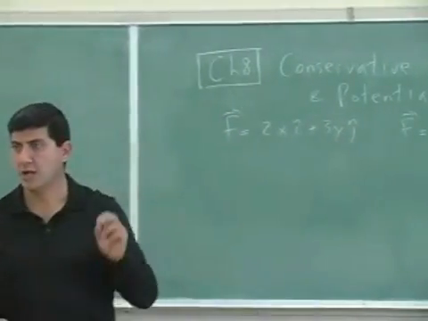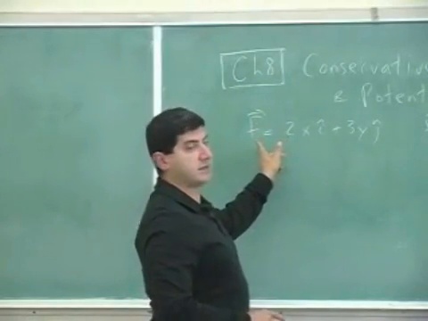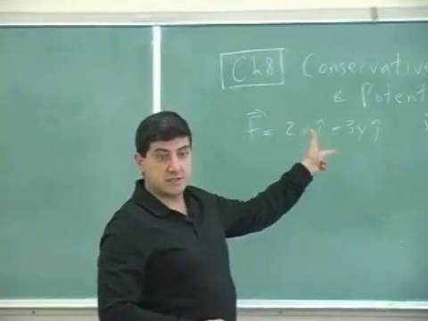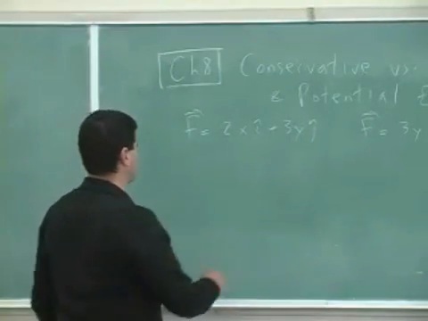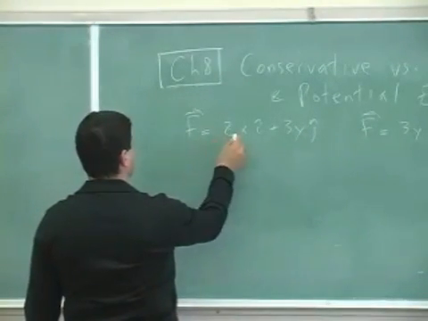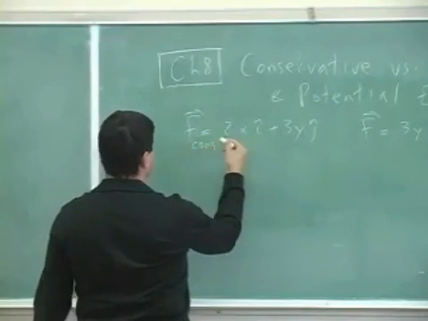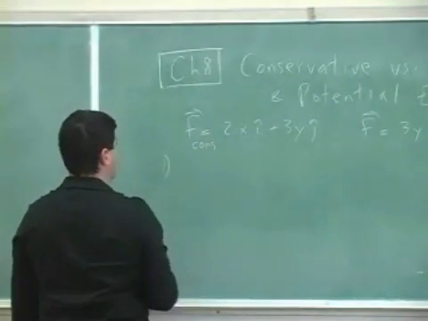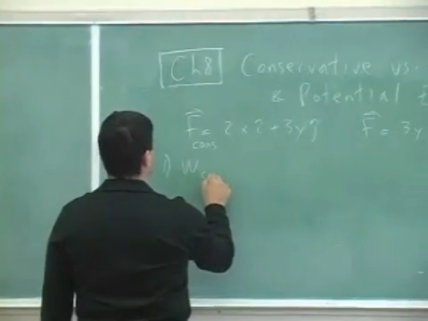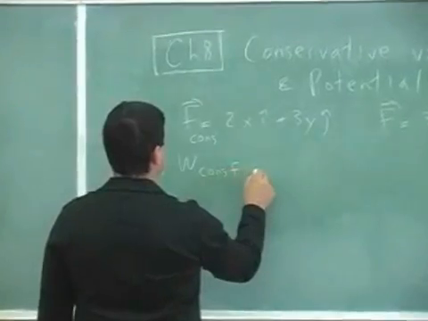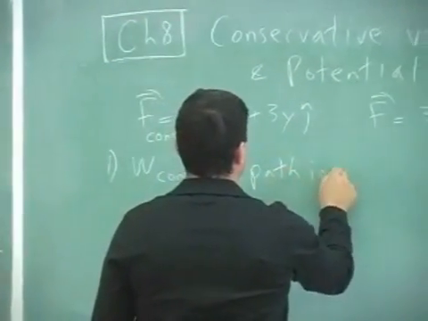y variable. And we noticed that for this force, the left one, the work done didn't depend on the path that the particle took, right? So that's the first thing we saw. This one, we said, was an example of a conservative force. That's the definition. The first thing we saw is that the work done by a conservative force is path independent.